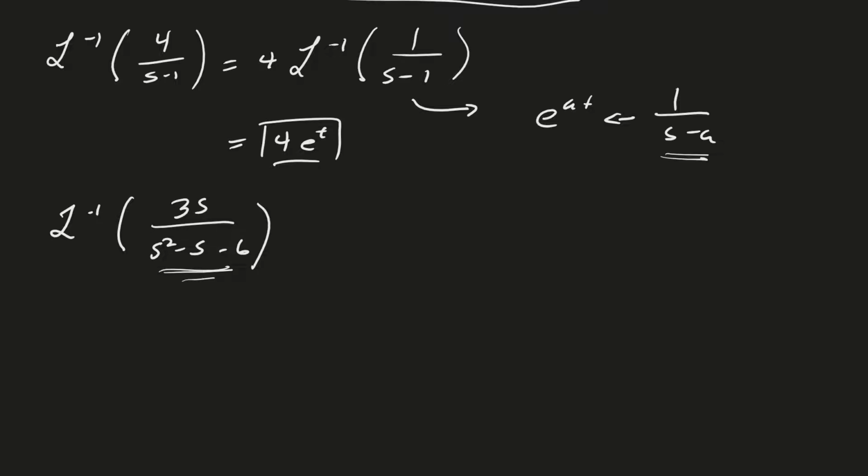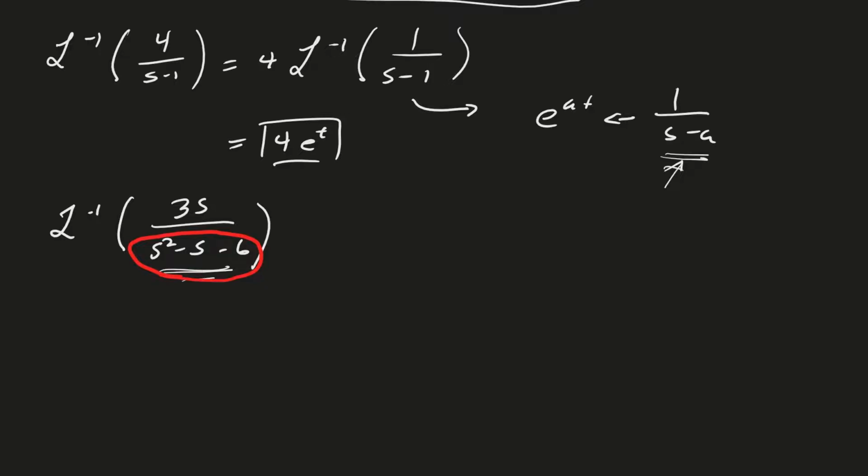Instead, I'm going to have things of the exponential type over here. I notice also that this denominator factors, and as a rule of thumb, if the denominator does factor, you want to factor it.